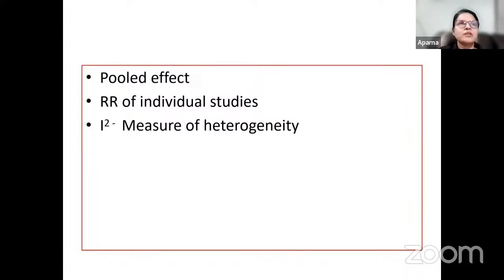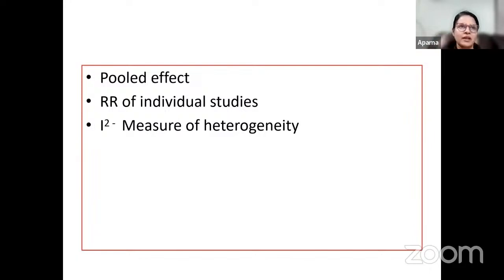So why this is important is we should be careful that we don't combine very heterogeneous studies or very heterogeneous populations. So if you end up combining a group of apples and oranges and grapes, and then you try to make an interpretation from the whole population, we may be making some interpretation which is not relevant to these populations individually.